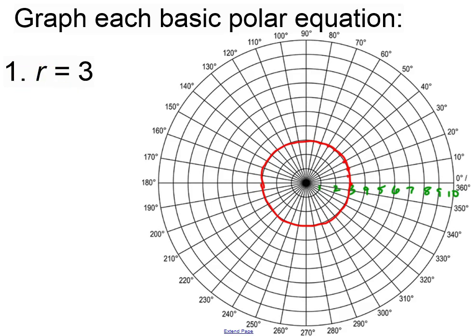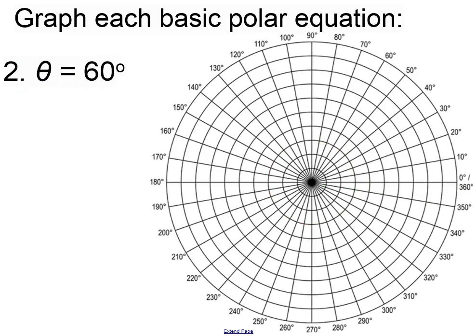Okay. Last thing we're going to look at in this video is, on a new grid, a polar equation that has theta equals a particular angle. So be on a new grid, and let's once again label our radii. Okay, so how's this going to work? I need all the points that have 60 as an angle.